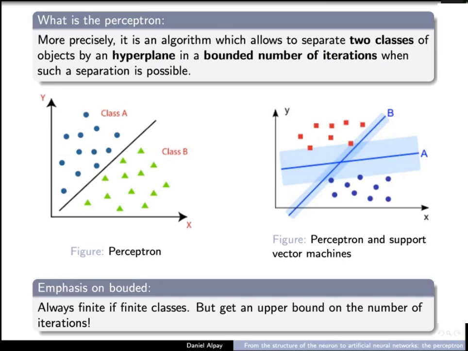But here, with some hypothesis, you can get an upper bound on the number of iterations you will need. So this is very important. Of course, it will depend on your original hypothesis. But when I say bounded, I want to distinguish it from finite. With some hypothesis, we know that it will be less than a certain number.